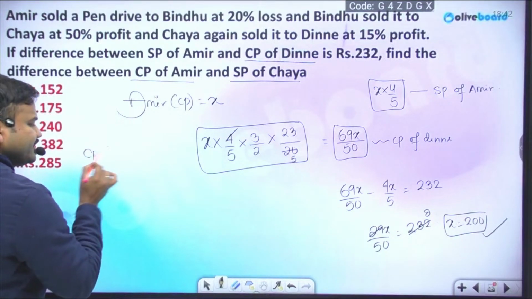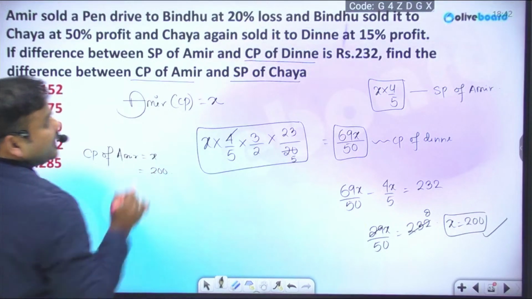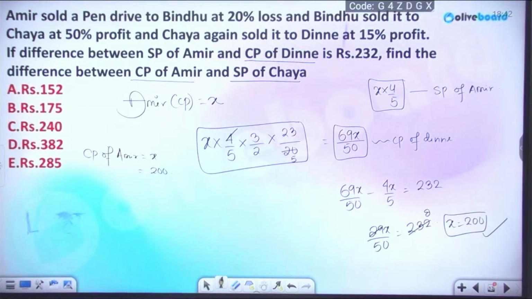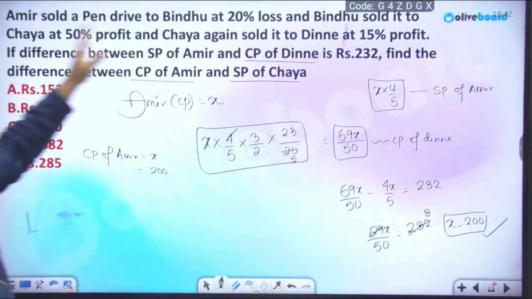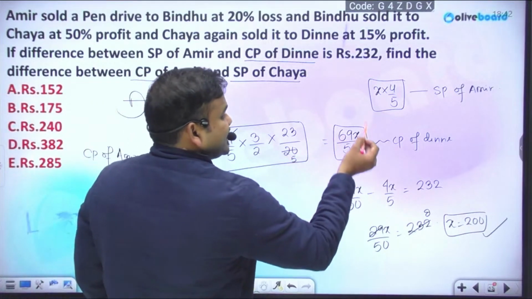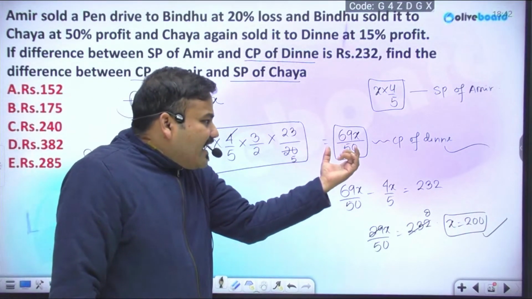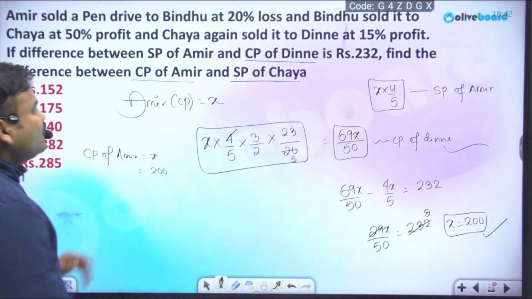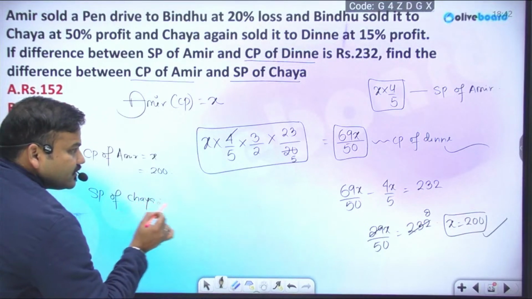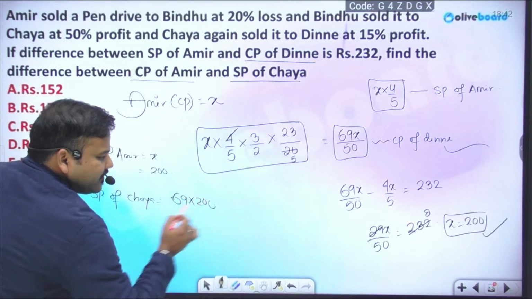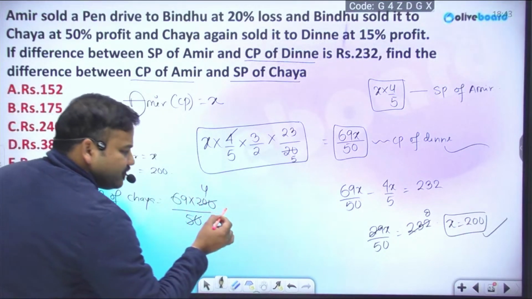So CP of Amir is X, which is equivalent to 200, and the selling price of Chaya is what Dini is purchasing at from Chaya, at 15% profit. So SP of Chaya is 69 times 200 by 50, 50 times 4. 4 into 70 is 280, so 280 minus 4 will be 276.